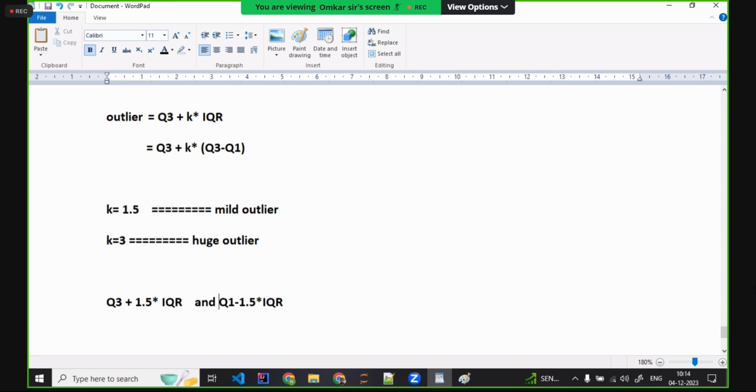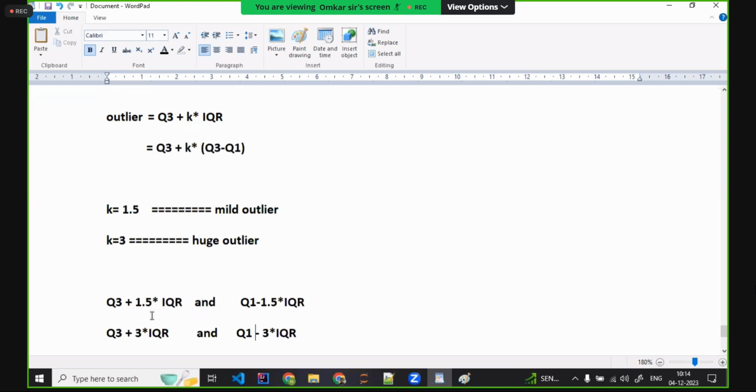For huge outliers, it is Q3 plus 3 into IQR and Q1 minus 3 into IQR. That means they are multiplying 3 times the middle class family data.